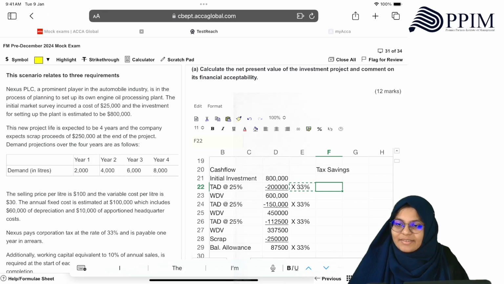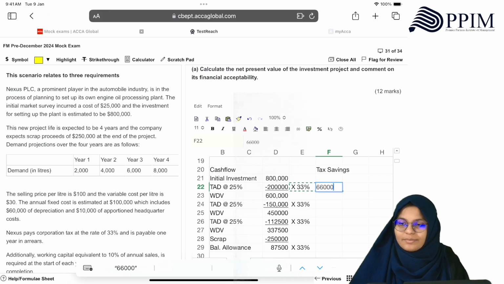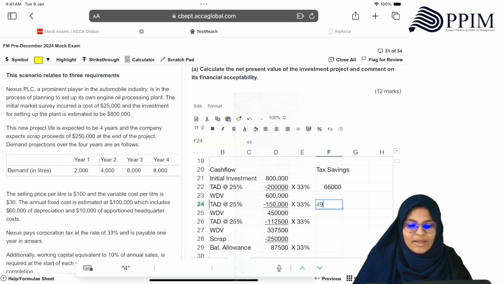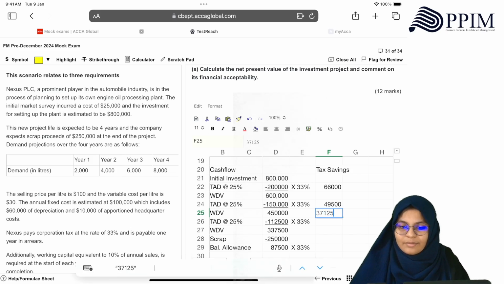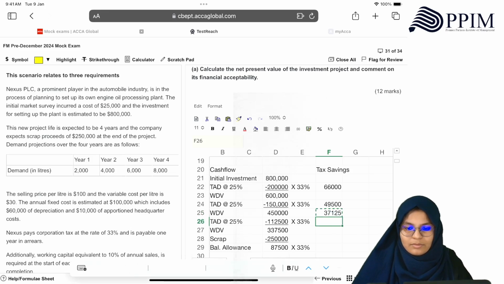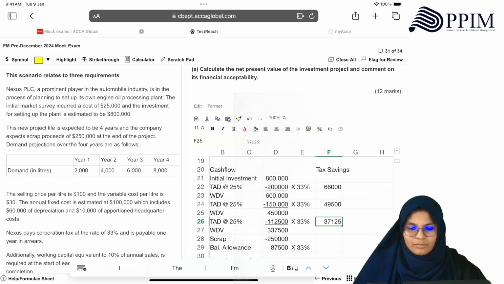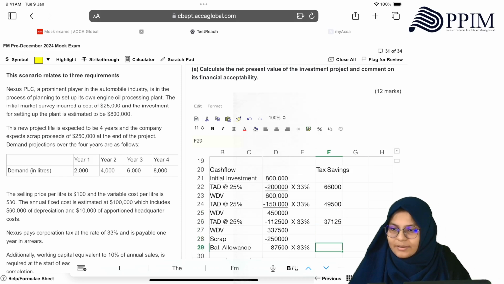So our tax savings here will be 66,000, 49,500, 37,125, and finally here 28,875.